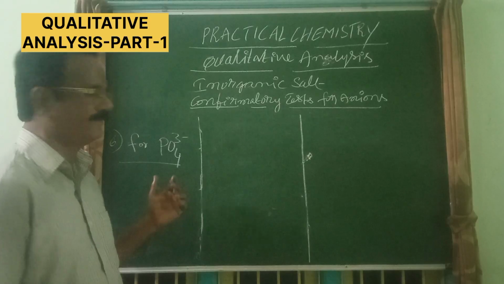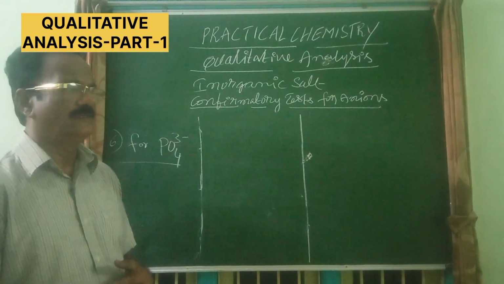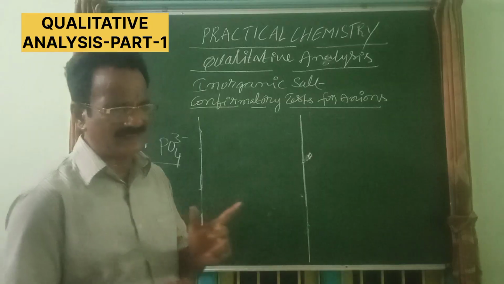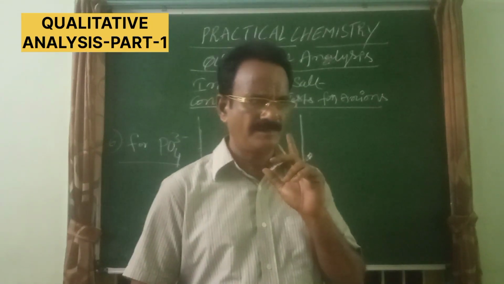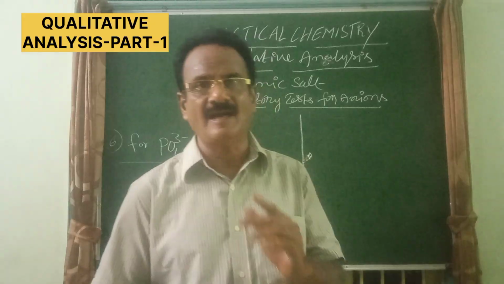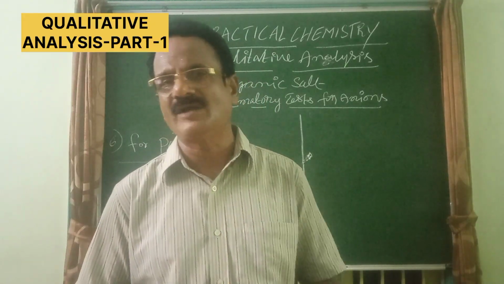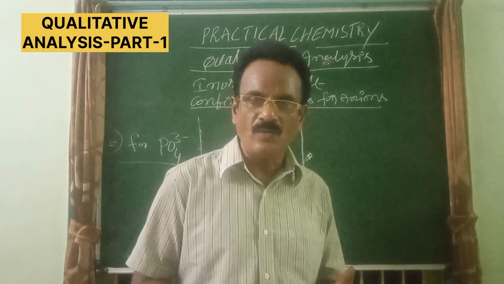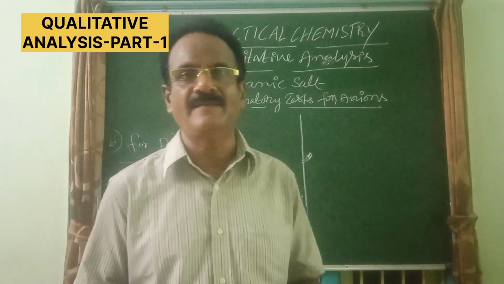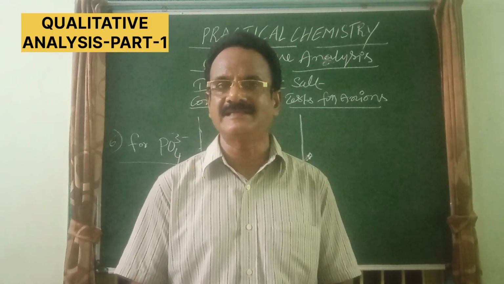Okay, confirmatory test for phosphate. Okay, so let us see, we have done the identification test for phosphate by using HNO3 and ammonium molybdate. Now we have to confirm the presence of phosphate by a different test. Is it clear?